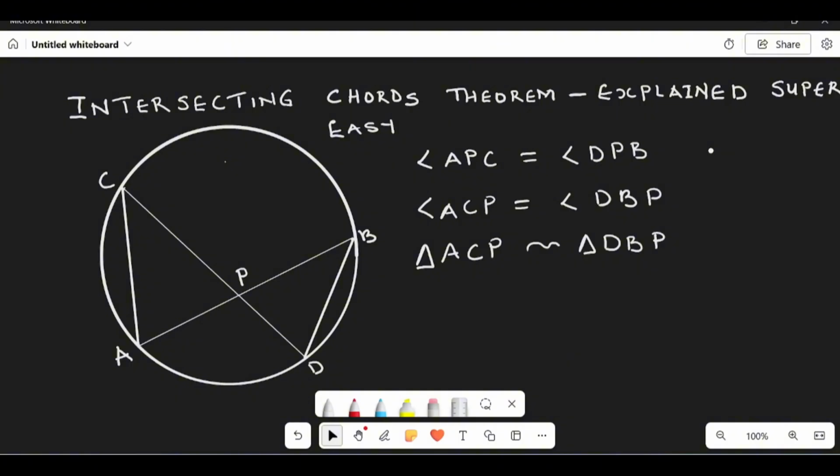From similar triangles, the ratio of corresponding sides is equal. So we can say AP over DP equals CP over BP.